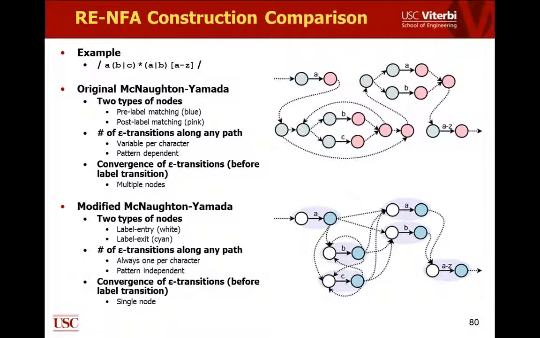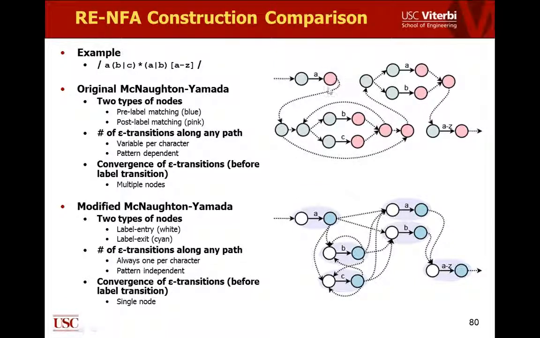I'm just showing an example here. This is the classic way of building a non-deterministic automaton given a regular expression. This is the example expression I have here. This is our alternate way of building it here. All these dotted lines you see here are all the epsilon transitions. And in this particular example, you can have a transition that is of length 2 here, or even longer transitions you can find here.